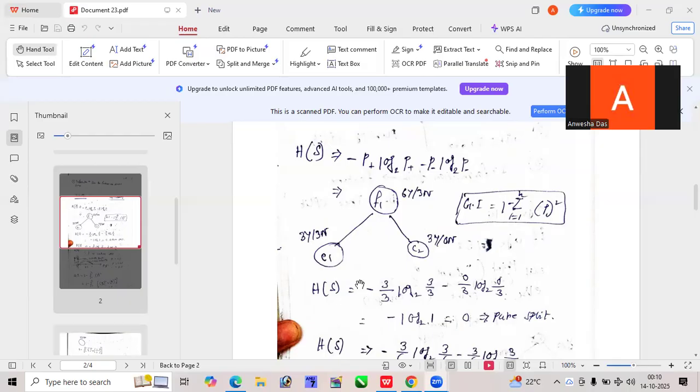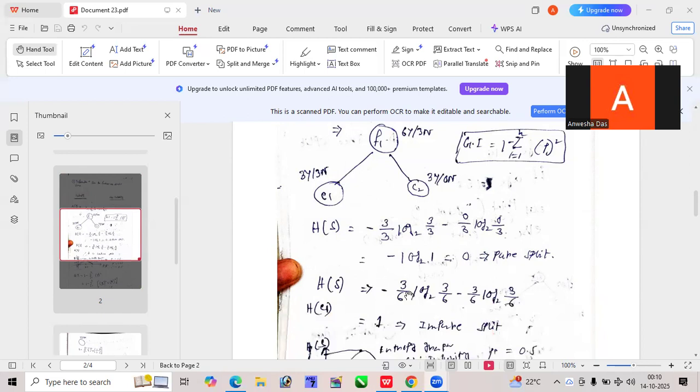Am I right? No. Now we are trying to calculate the entropy. How? See, this is 3 yes and 3 no. According to the formula, minus 3 by 6 log base 2 of 3 by 6, minus 3 by 6 log base 2 of 3 by 6.